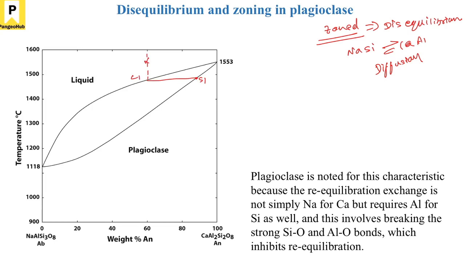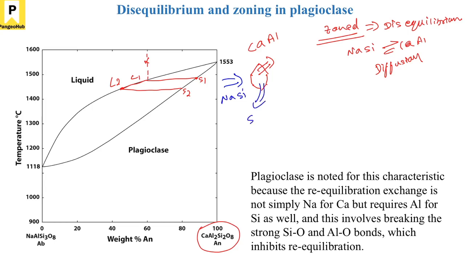Now the magma evolves to L2, so it comes here. You have solid S1 forming like this, and then the magma has evolved to L2. So then it has to form solid S2, which is stable. Now the solid S1 was more rich in calcium, so it will start shedding. From here, calcium and aluminium will diffuse out to the melt, and from the melt you will bring in Na and Si, and as a result the composition of S1 will change to S2. So this is what will happen, all by diffusion.